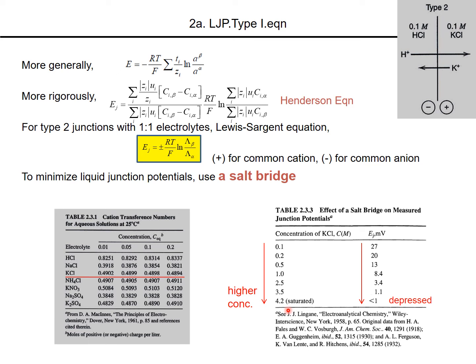In that case, the junction potential decreases from 27 millivolt to less than 1 millivolt. So by using a salt bridge with a higher concentration of KCl, you could depress the liquid junction potential.